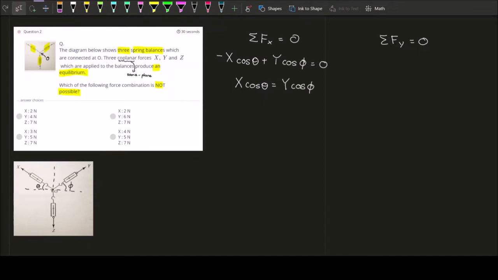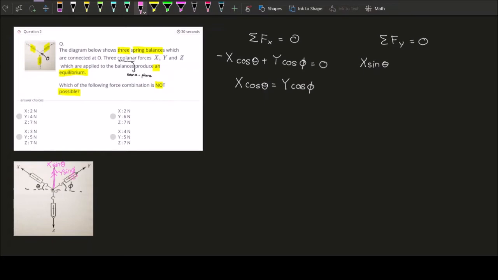So let's continue. You know that x sine theta, which is this part up here, will be x sine theta, and also you have y sine phi. Both of them will be pointing upwards.